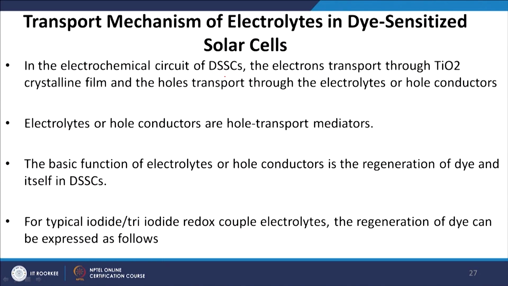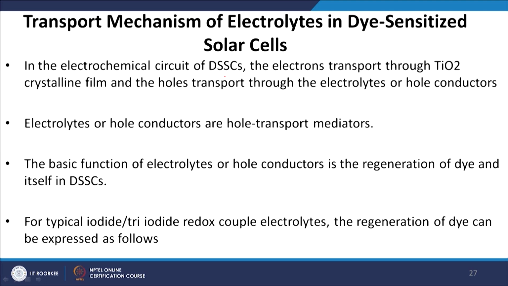So, the final objective should be to design a material which can replace my sensitizer and the liquid electrolyte with only one material which can absorb the light and also behave as a hole transport material. Electrolytes or hole conductors are hole transport mediators. The basic function of electrolytes or hole conductors is the regeneration of the dye and itself in the DSSC device.